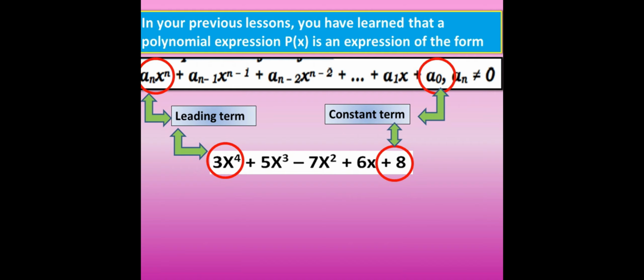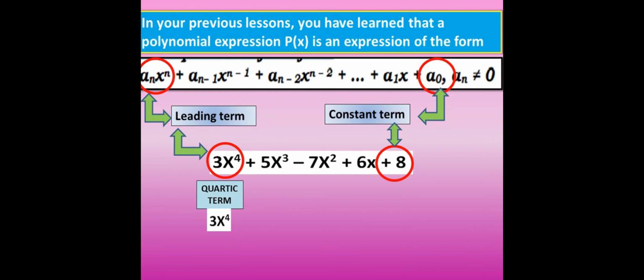So the leading term is the term with the highest exponent, and the numerical coefficient of that is the leading coefficient. The leading coefficient of this example is 3, and the constant term is the term with x to the 0, or a term without a variable x, because x to the 0 is also equal to 1.